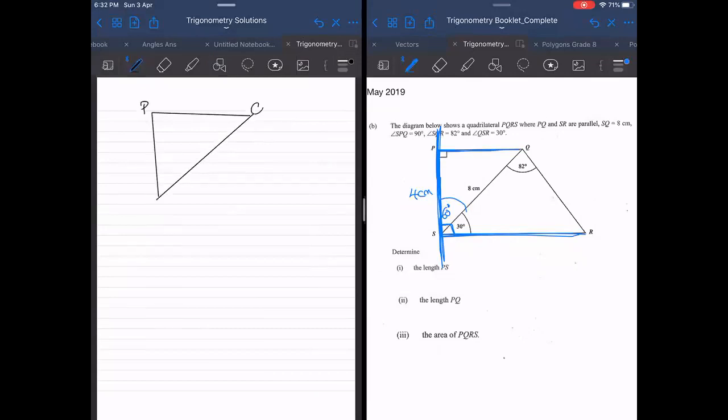All right, so we have P, Q, and S. We already said that here is 60. We know that here is 8. We know that this is 4. So if you wanted to, you could use Pythagoras' theorem.